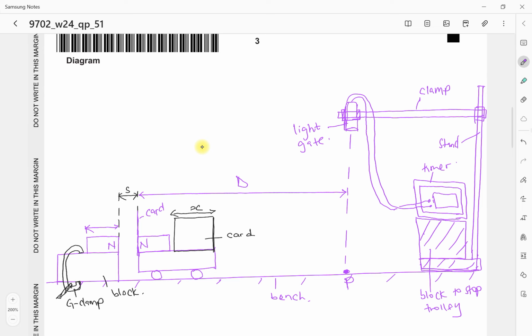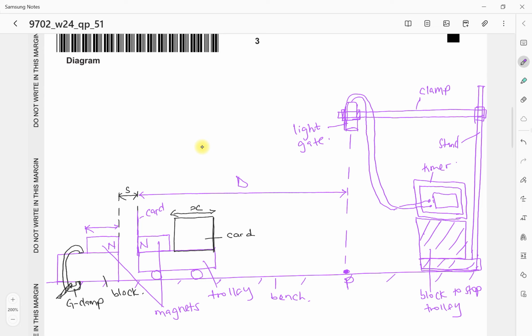So these are the magnets. I have to label them. This is the trolley. Magnets.